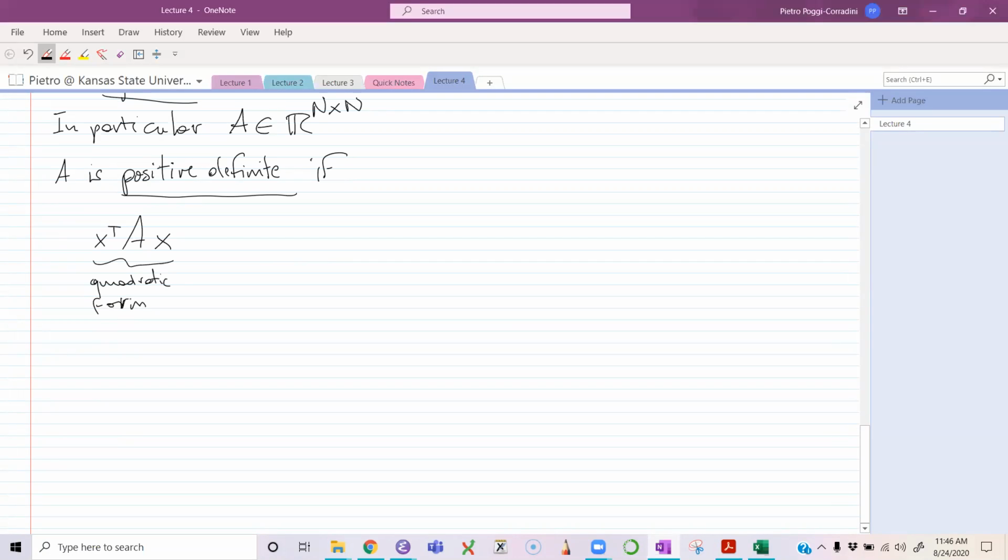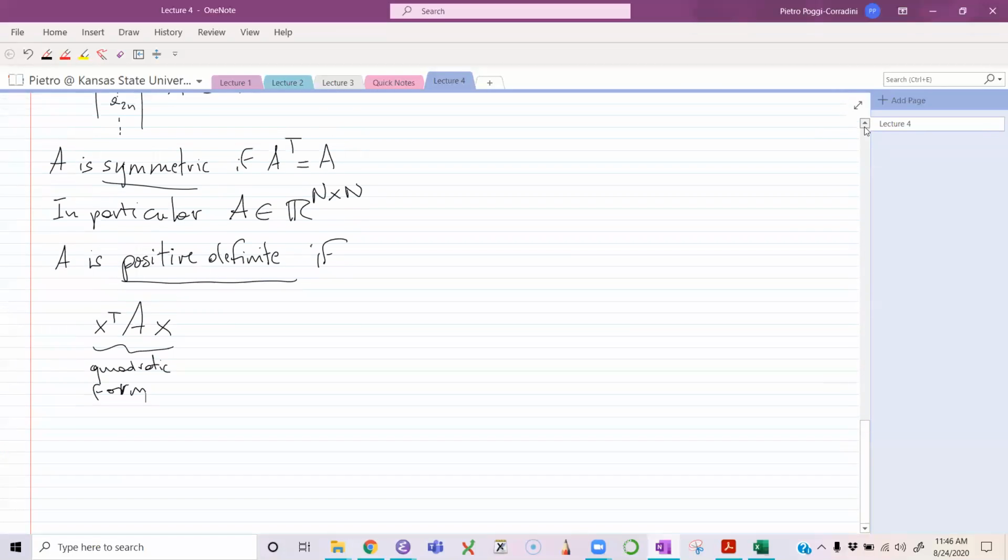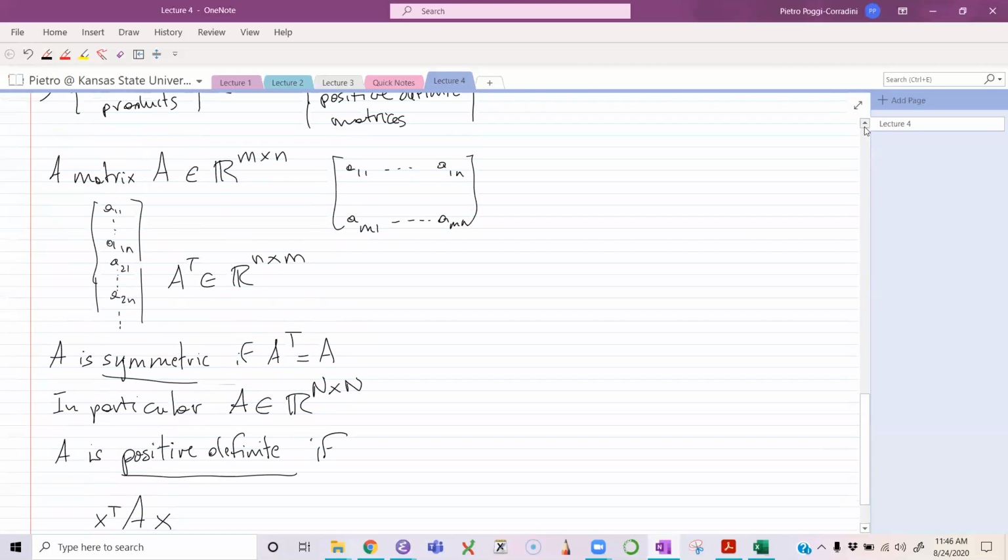Usually when you have a matrix, you can think of it as a linear operator that takes a vector in R^n, the number of columns, and multiplies it from the left and spits out a vector in R^m.